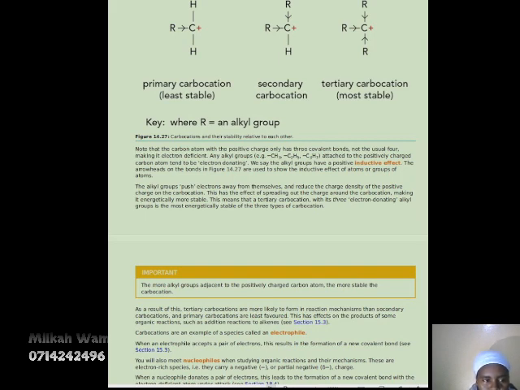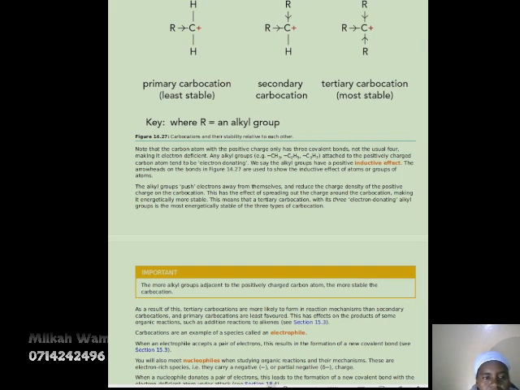The arrows in the figures displayed represent the inductive effect on that carbon atom. The alkyl groups, the R groups, normally push electrons away from themselves, and therefore reduce the charge density of the positively charged carbocation.